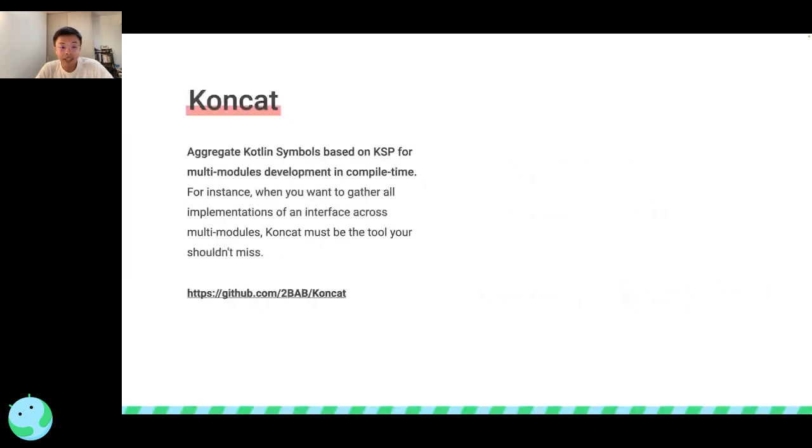I also discussed some tricks of this concat library with Zhang, who is the author of KSP from Google. He said some of them are not typical ways to do annotation processing, but it's not an abuse. So feel free to try it out.